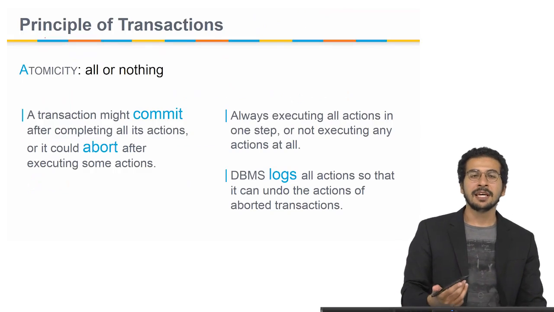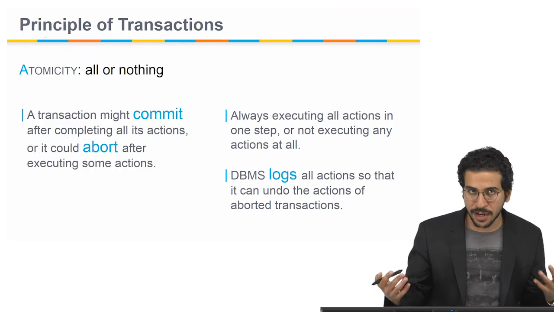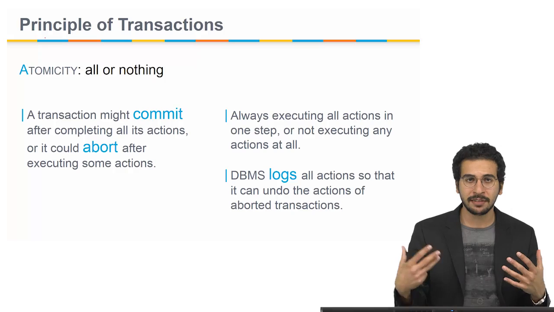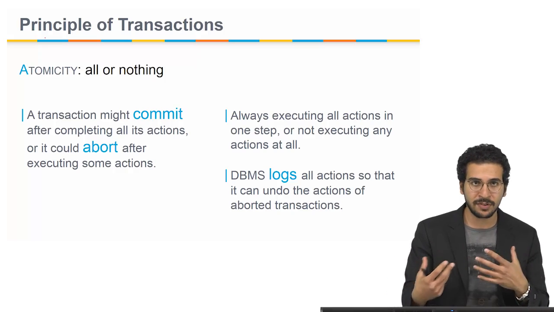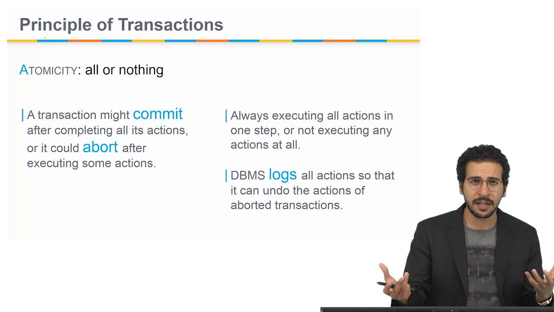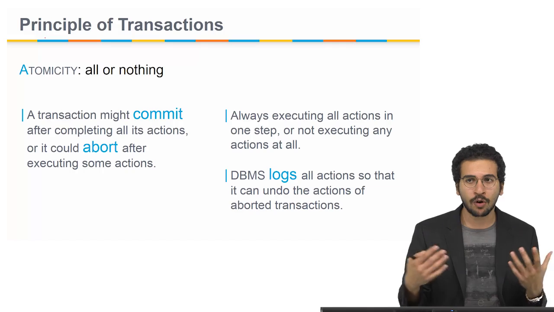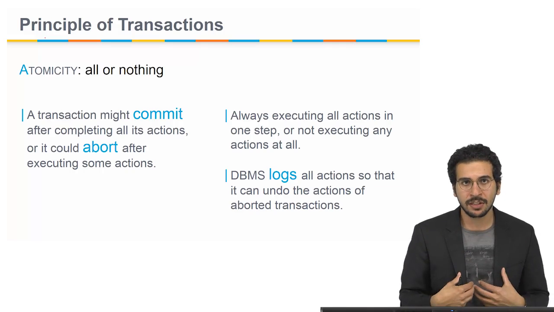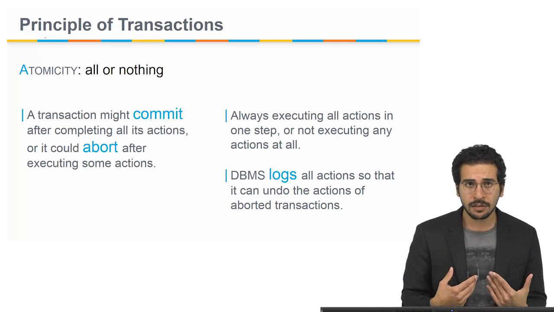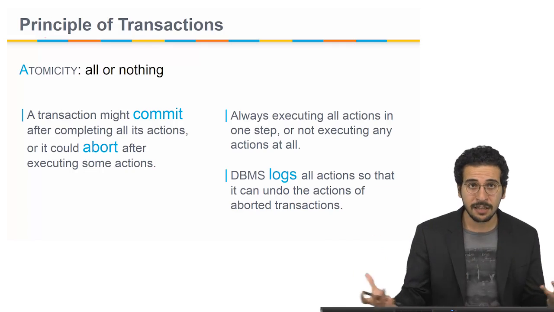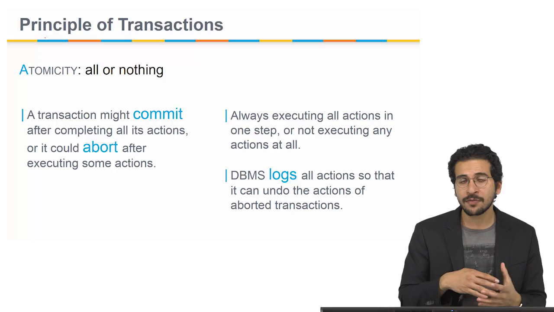So atomicity. Atomicity means that every transaction, which is again a database program that has a set of read and write operations on data in the database, needs to be atomic, which means that all the actions in the transaction need to run in their entirety, all of them, or none of them run at all.